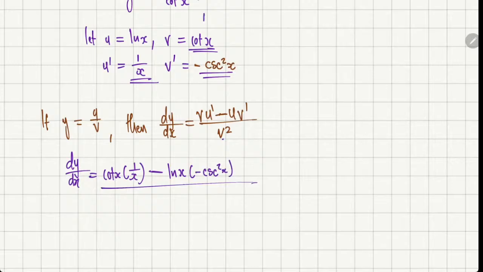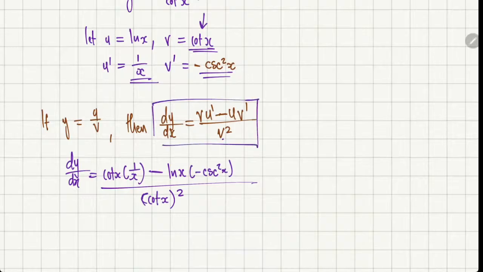So you take the v and you square it. So it's cot x all squared. Then all you have to do now is simplify. You have applied this very important formula called the quotient rule.